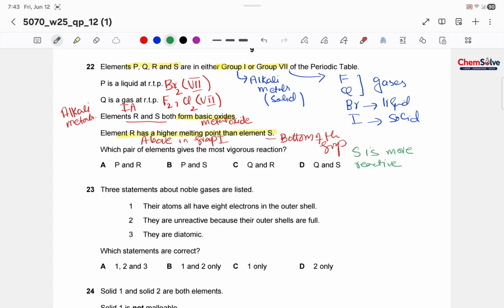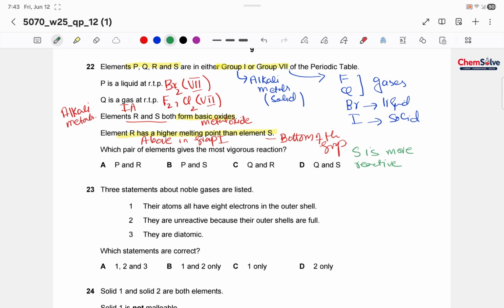While among fluorine and chlorine, chlorine is the one that is basically below fluorine, and in halogens reactivity decreases down the group. So fluorine is the one which is more reactive, and bromine is the one which is less reactive. So Q is a gas, so it could be either fluorine or chlorine.